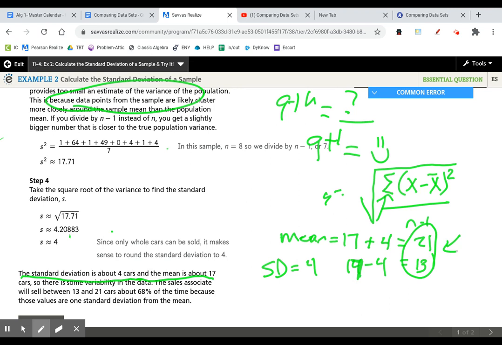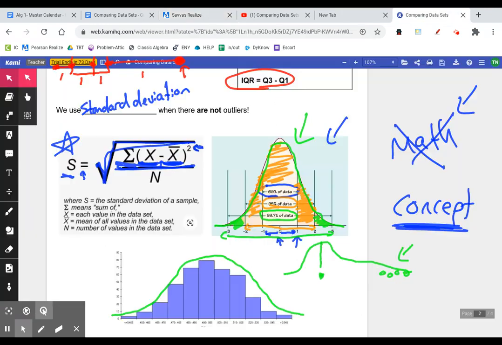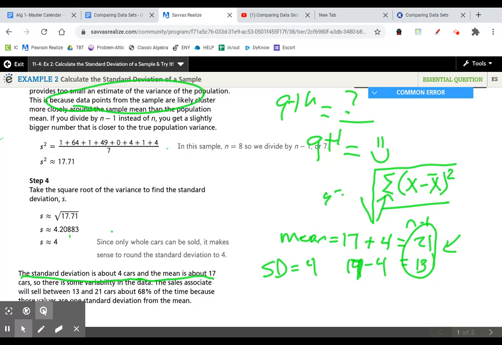Where does that 68 come from again? That 68 comes from that first standard deviation. 68% of the time, in this example, he is selling between 21 and 13 cars. We added 1 standard deviation, we went up 1, and we went down 1.